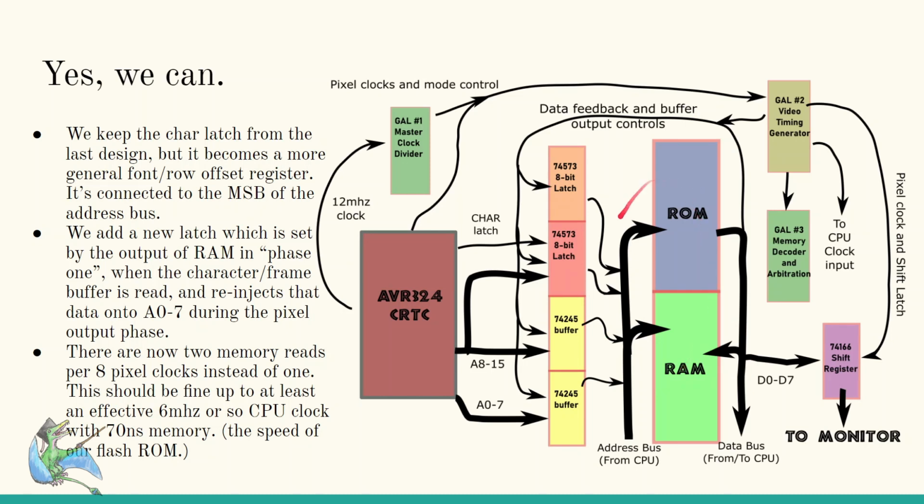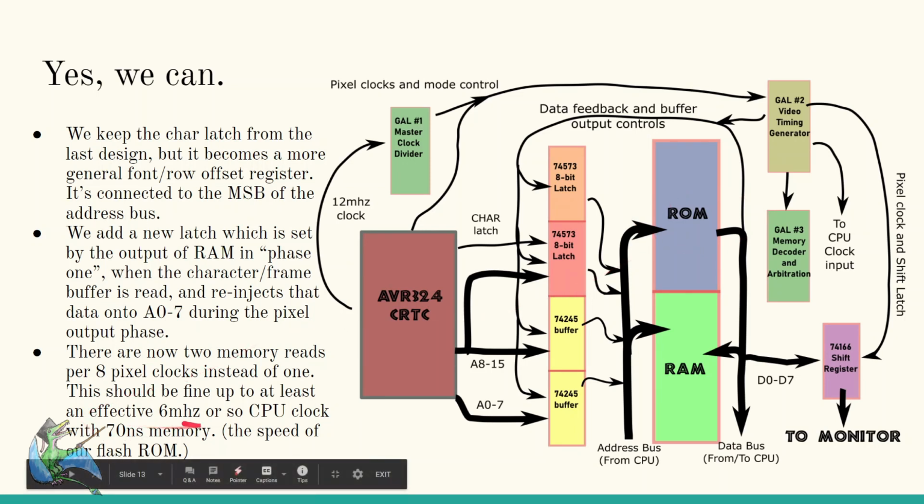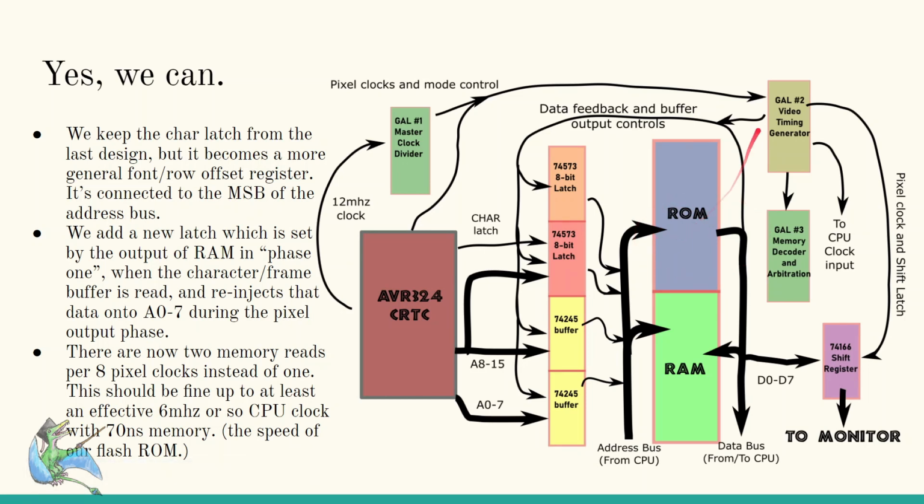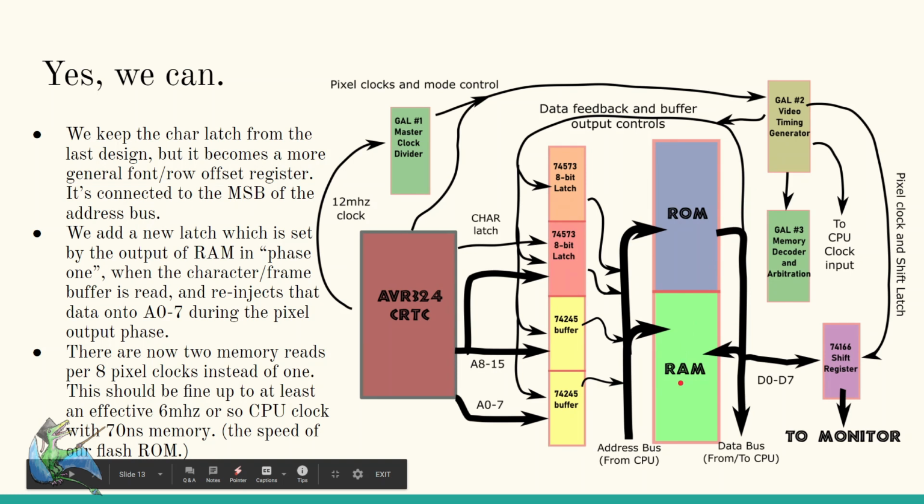The ROM is 70 nanoseconds. That is good up to at least 6 megahertz or so. 6 megahertz would give you like an 83 nanosecond access time. So because that comes in 2 separate reads, 2 separate transactions, we can run the CPU as fast as 6 megahertz easily.